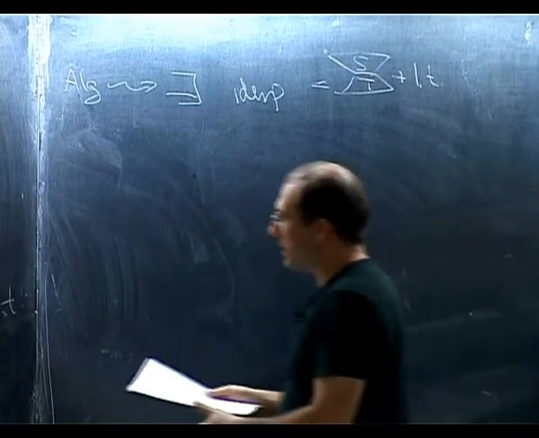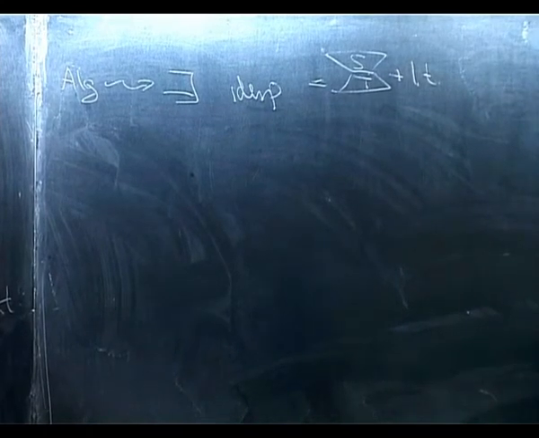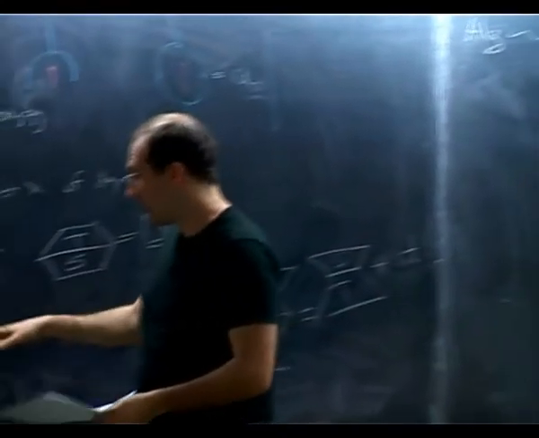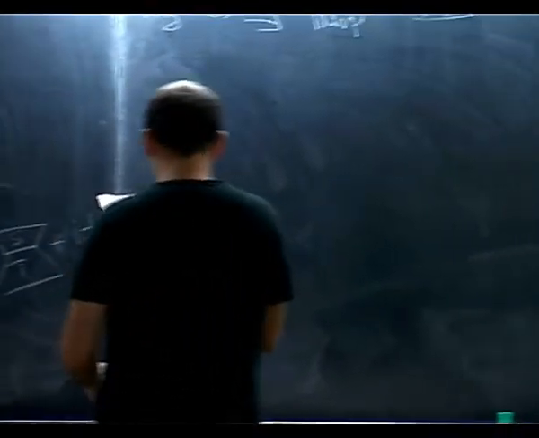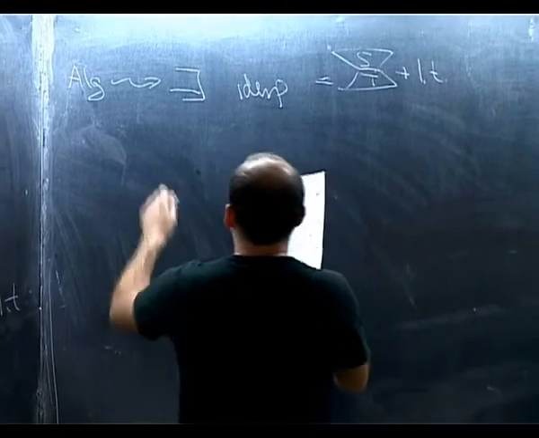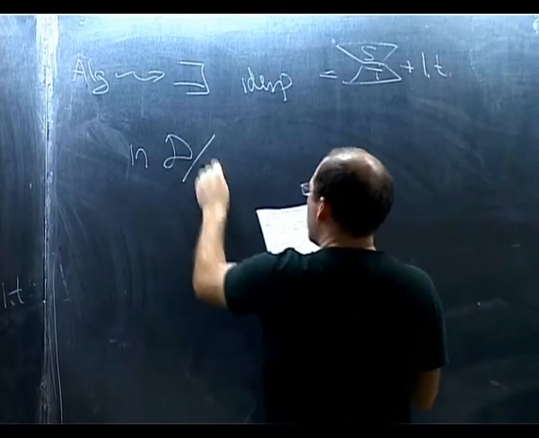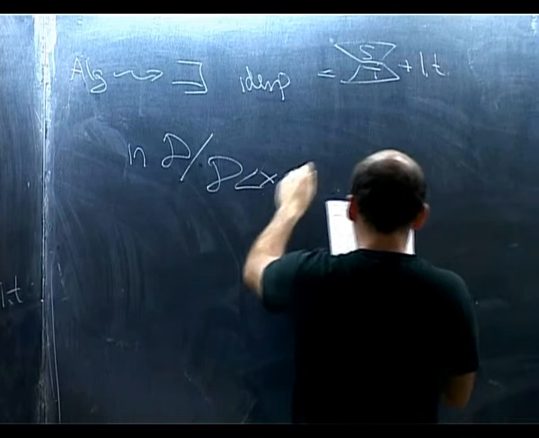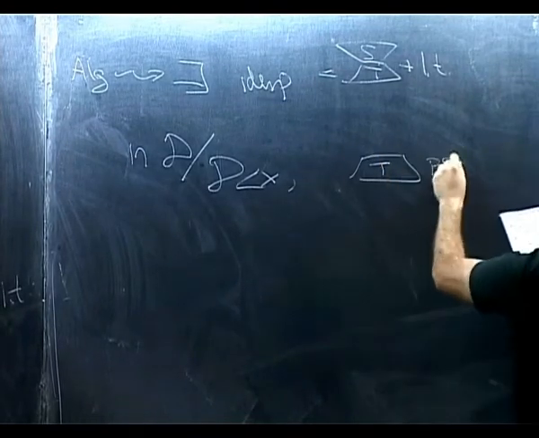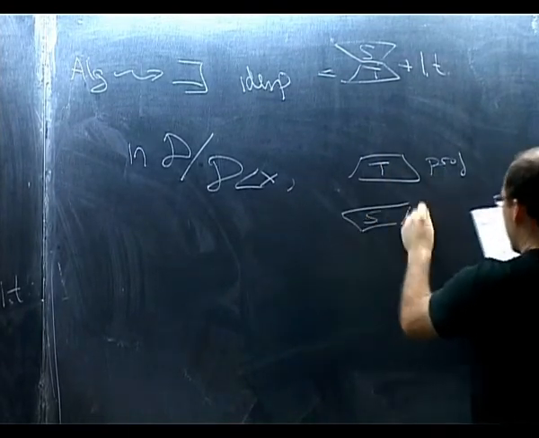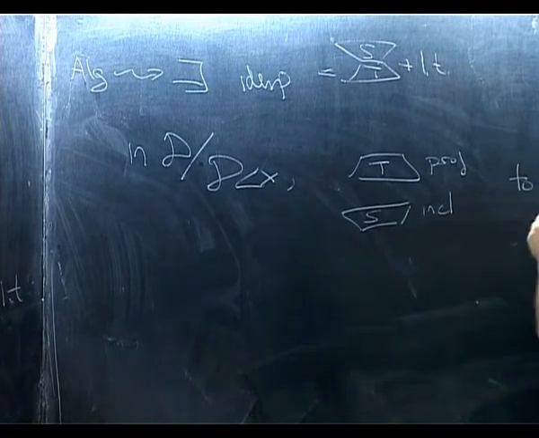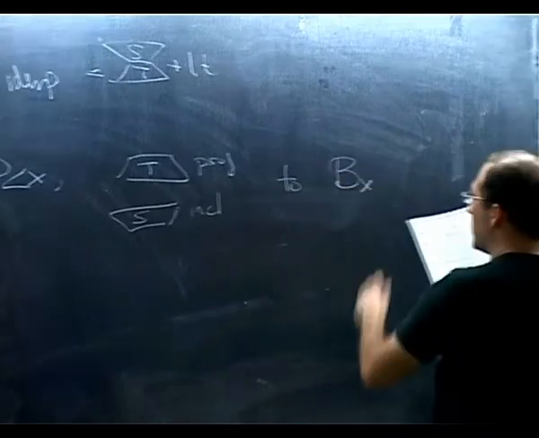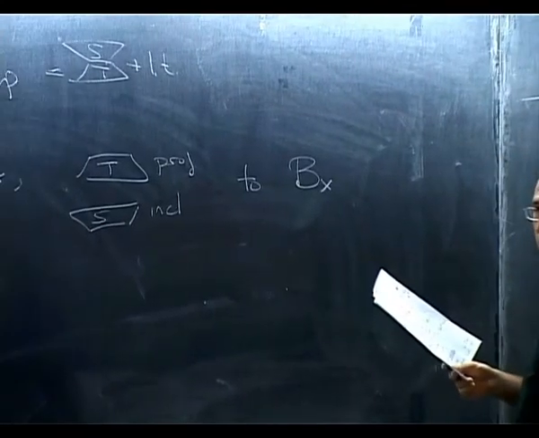Okay? So really, you think of T as being projection, and S as being inclusion. And this isn't exactly true, but it is true modulo lower. Okay? So in fact, in D modulo D less than X, T is projection, S is inclusion to the indecomposable object Bx. Right?